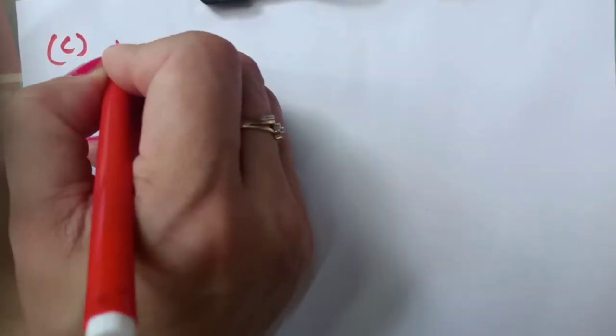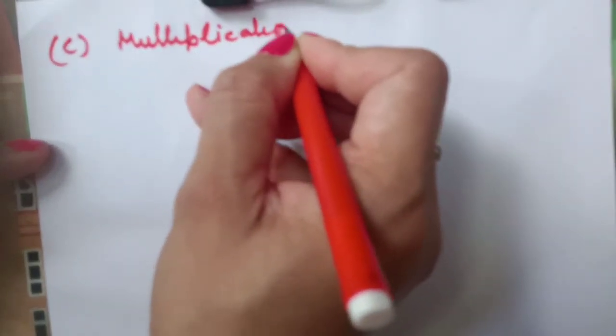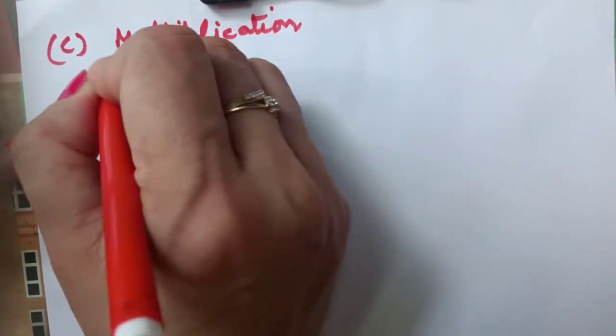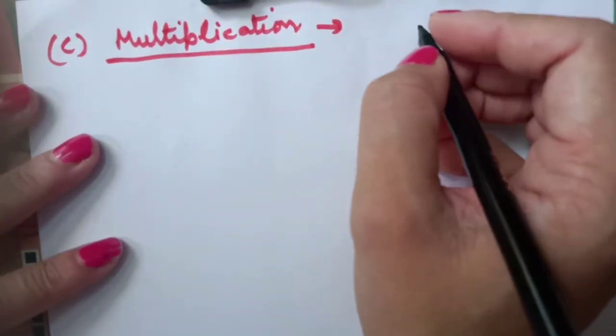Next we are going to discuss another mathematical operation, that is multiplication. We are going to discuss the associative property of multiplication for rational numbers.